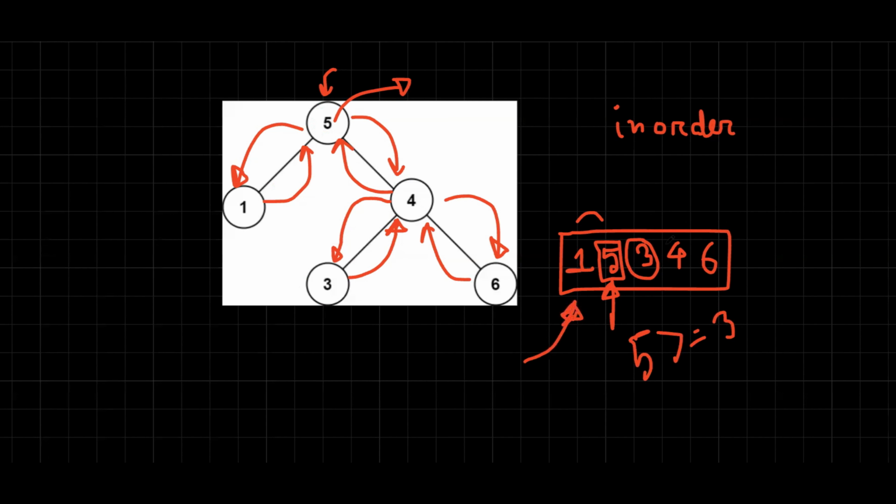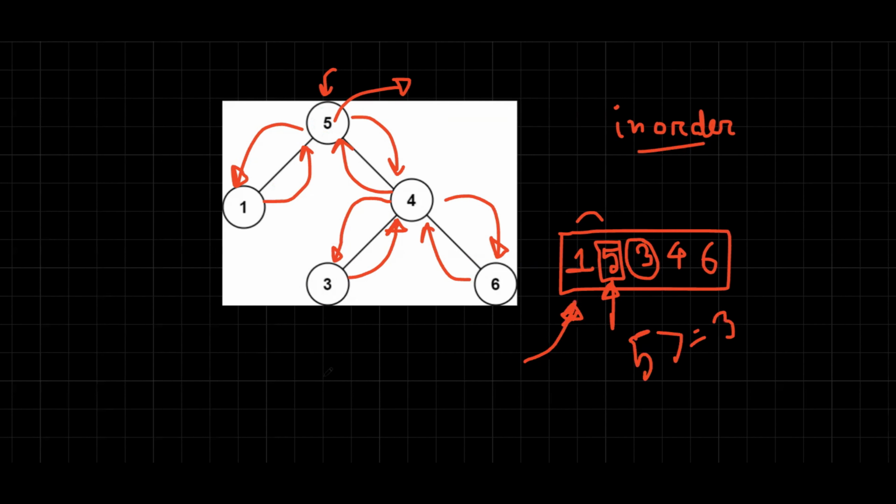Otherwise, if this array is sorted, we will say that this is a valid binary search tree sequence. And this is how we are going to solve the problem by using the in-order traversal. I hope you understood the algorithm.